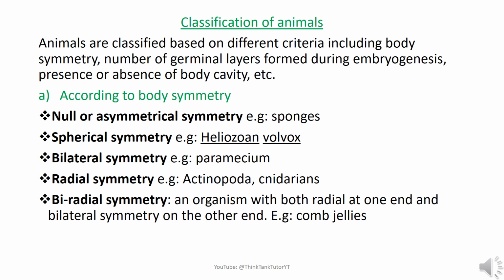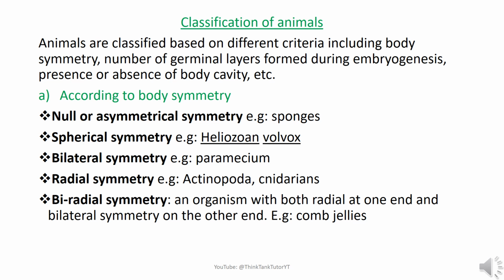Organisms with bilateral symmetry, for example, have one plane that can be used to separate the organism into two equal halves. One half is a mirror image of the other. Radial symmetry, example, cnidarians: those organisms have many planes that can be used to separate the organism into two equal halves.